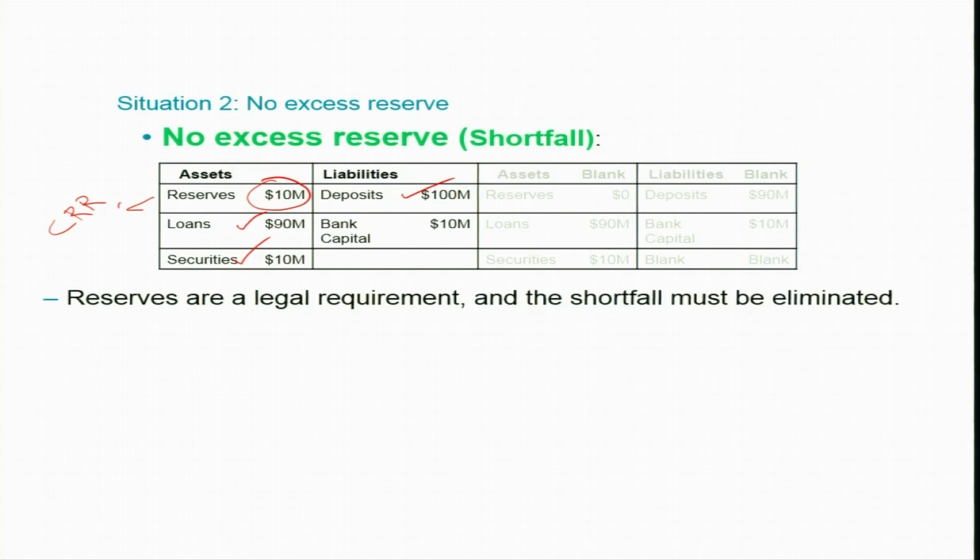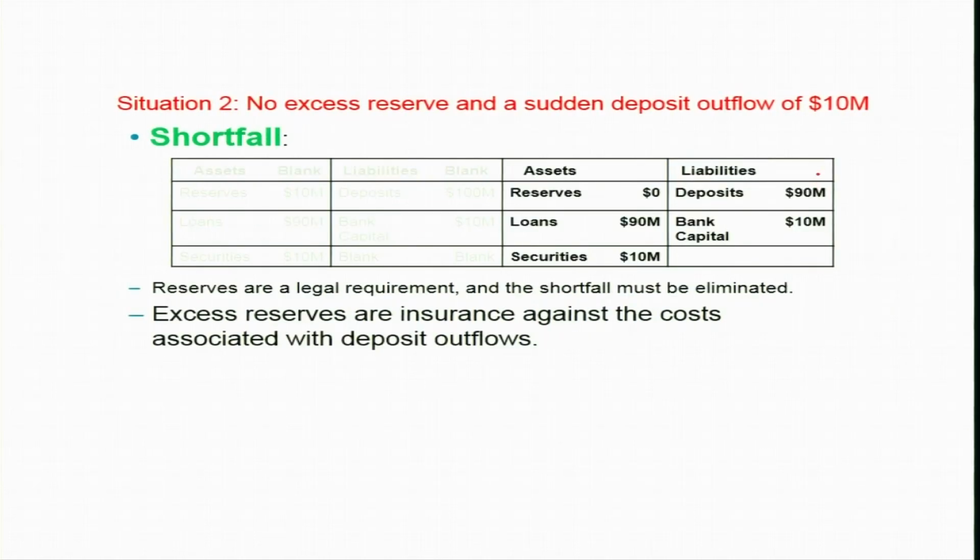In this scenario, suppose there is a sudden deposit outflow of 10 million. What will this bank do? Immediately they will be giving 10 million from the required reserve that is with the central bank.